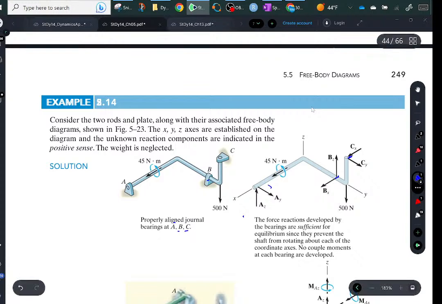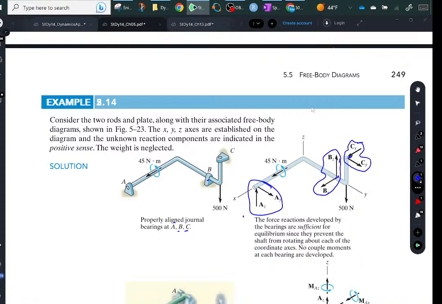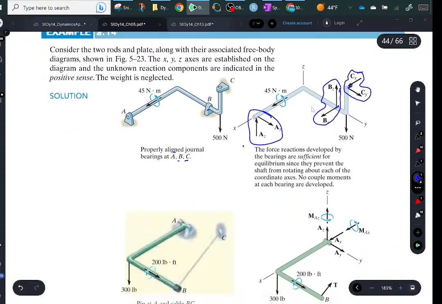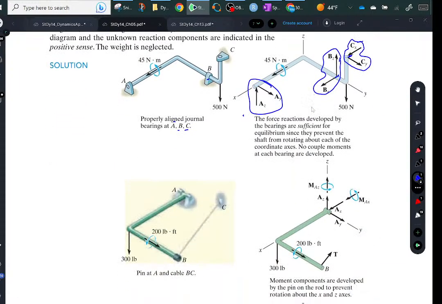So it bugs me that there are no moments placed here. The reason I think he puts no moments there is because he can't solve the problem with those. It's statically indeterminate otherwise. So he goes through and solves that somehow, but to me, I don't like that.